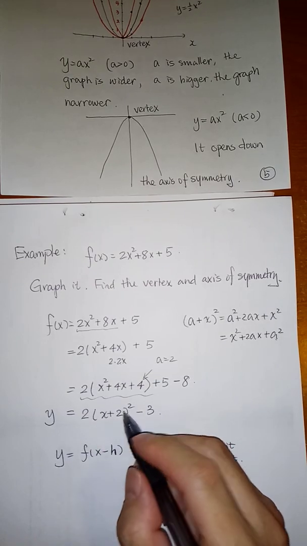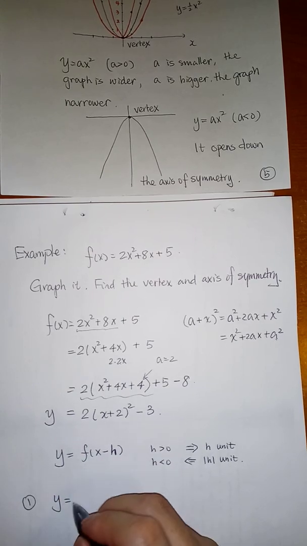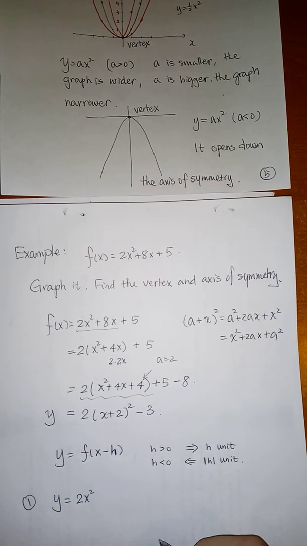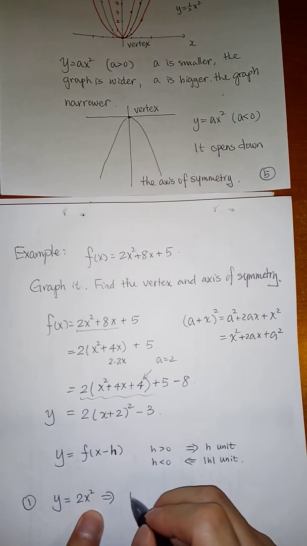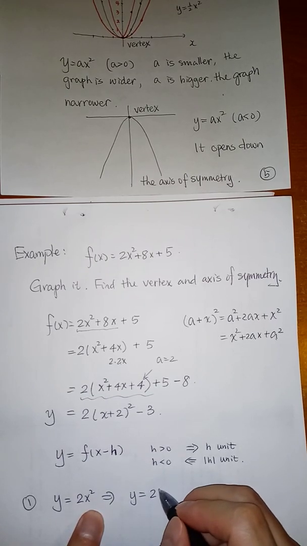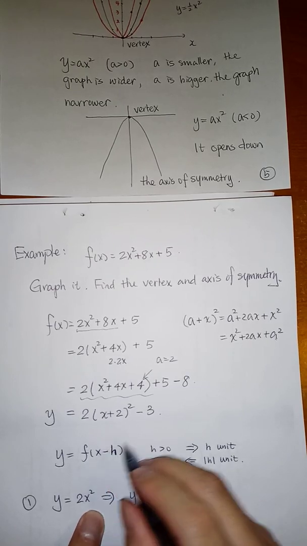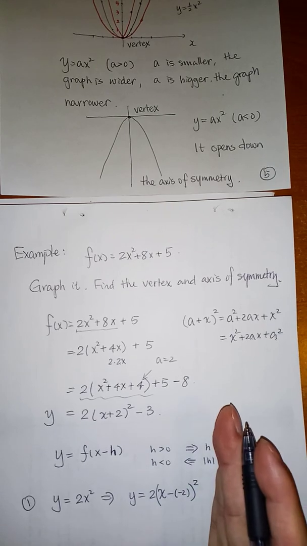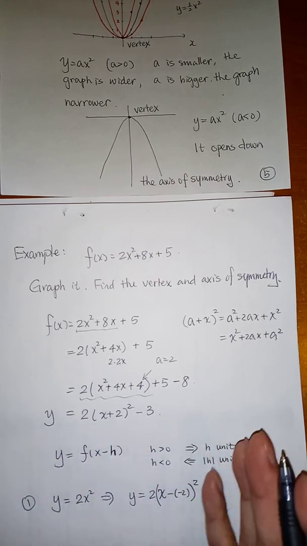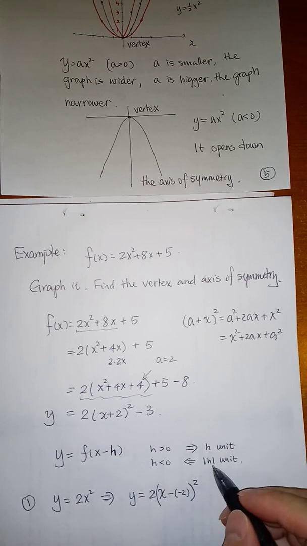Remember that? Okay, so first, step 1, we get 2x squared. And then we get 2 times (x minus negative 2). Remember, we always need minus. So you get a negative h, so it means you are going to shift the graph of 2x squared to the left 2 units.